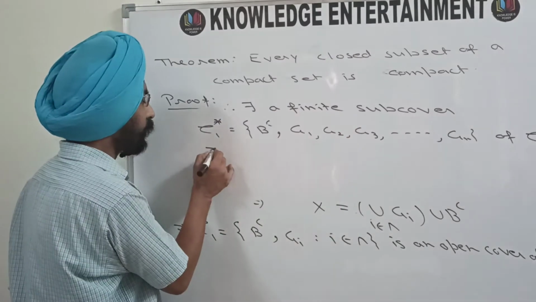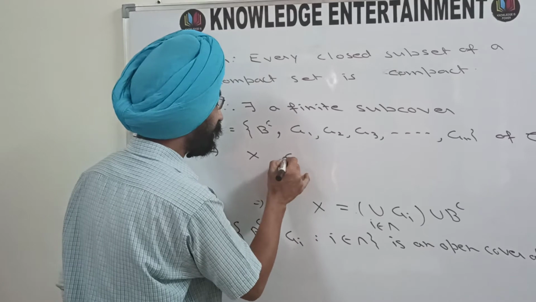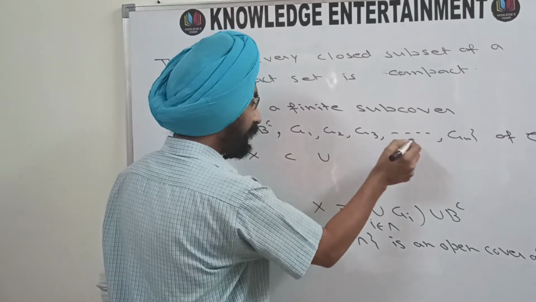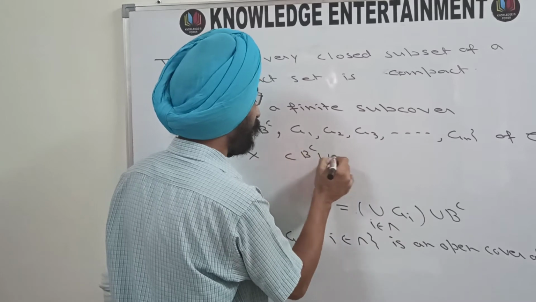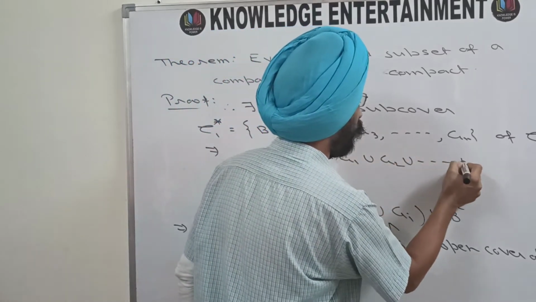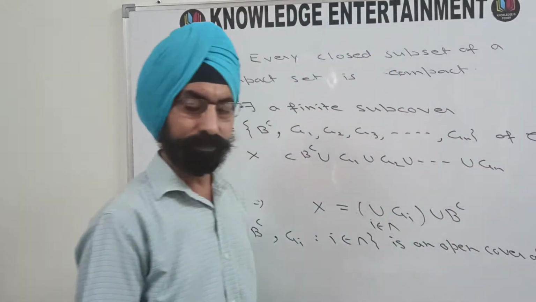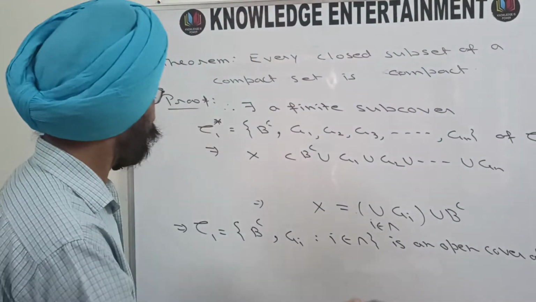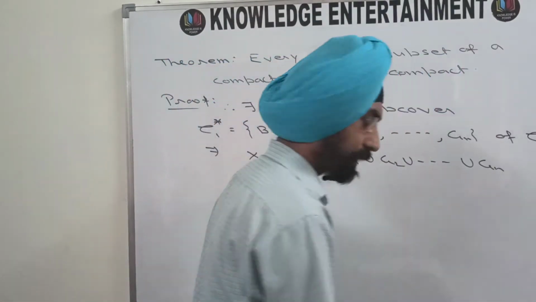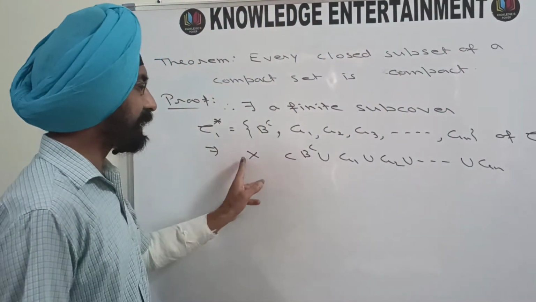So this means your X is covered by the union of these members. So you can say B complement, union G1, union G2, union and so on, union Gn. Now look, X is covered by this.